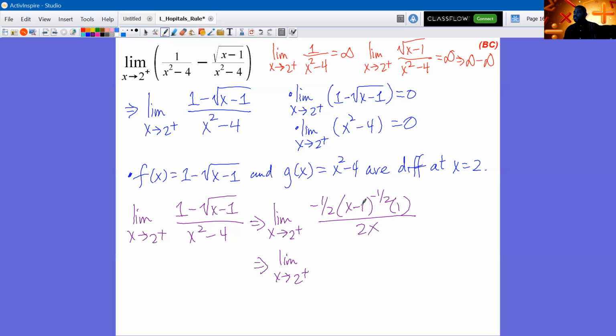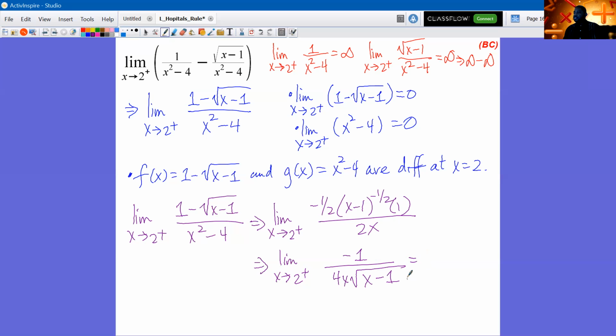So what's going to happen in here is the 2 is going to come to the denominator. So what we're going to have here is a negative 1 over 4x times square root of x minus 1. And then I can evaluate the limit.